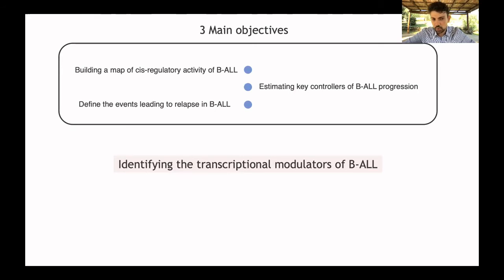The first one is to build a map of cis-regulatory activity in B-ALL. The second one is to estimate the key controllers of the disease progression, the transcriptional modulators, the phenotypical modulators, and then to define the events leading to the relapse of this disease.